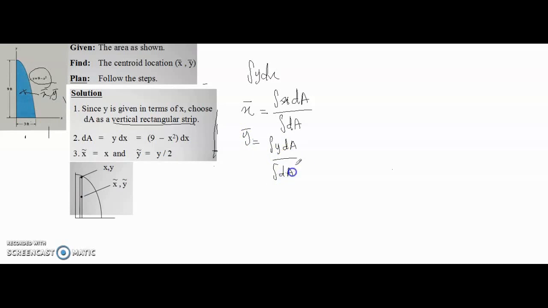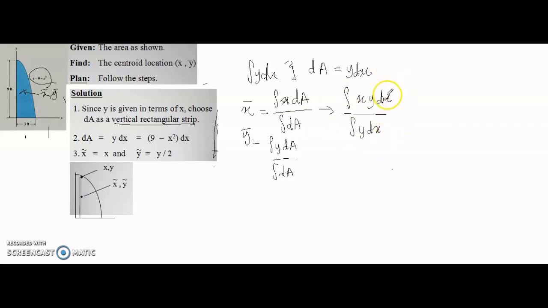So for dA, you already decided to use the function of dx, which means that dA is equal to y dx. So just substitute into these equations. It becomes the integral of x y dx over the integral of y dx.